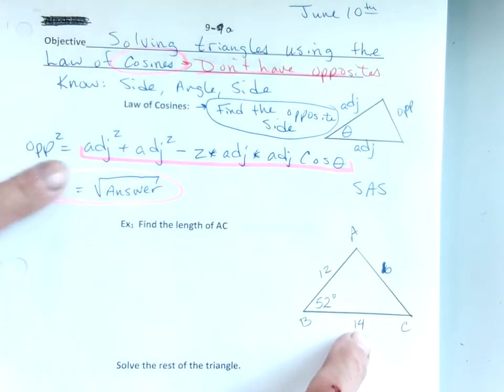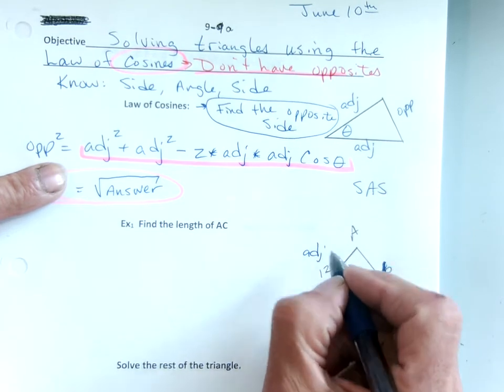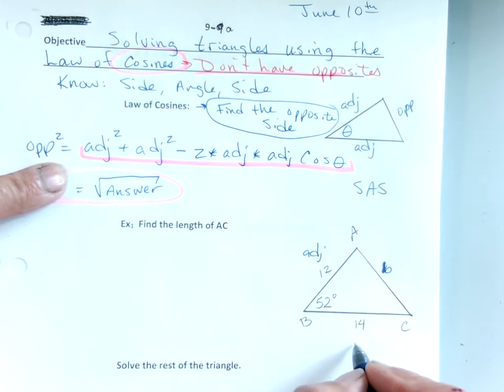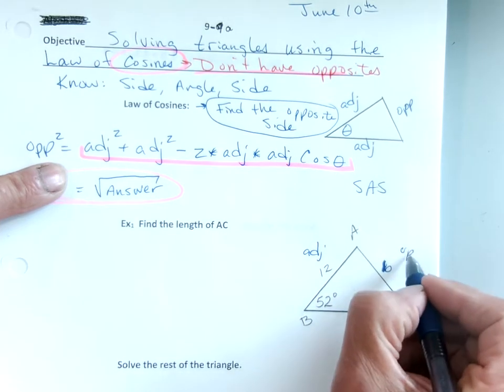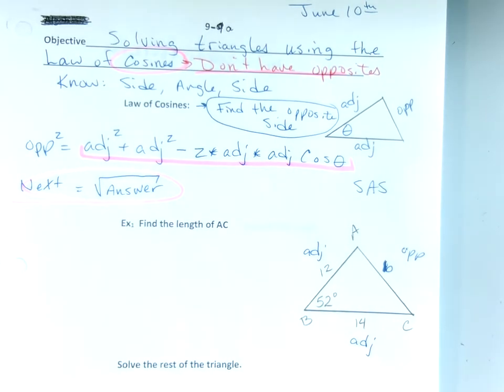Let's use the formula. Here it is. Opposite squared. That's b. So these are my adjacents. 12 is one. 14 is my other adjacent. And side b is my opposite side from the angle I'm working with. That's theta.